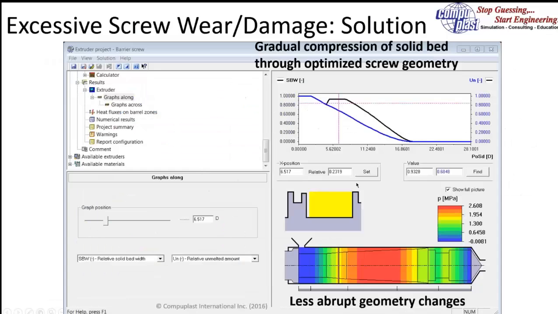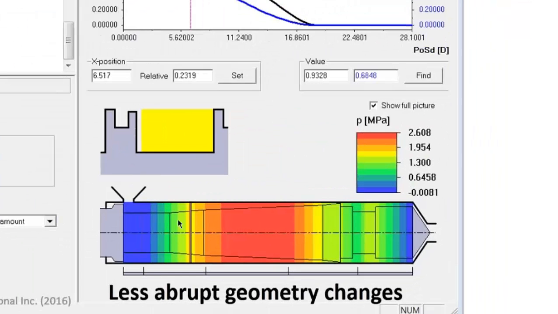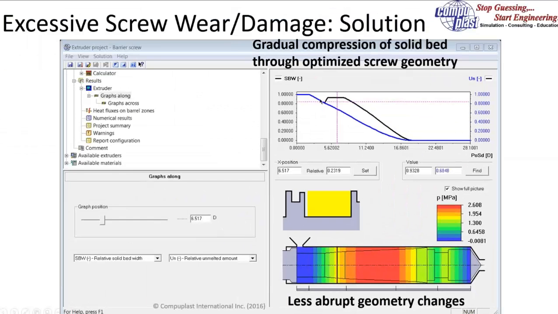And so if we want to make sure that we do not get into a condition where we're trying to force material to melt in a short distance, we use less abrupt geometry changes in our screw, more gradual closing off of the barrier sections, and then we have a continual reduction of the solid bed width and a reduction of the solid material, the amount of unmelts, well before the end of the screw, and then the mixer to homogenize, and we have a much more stable operation with minimal wear on our system.